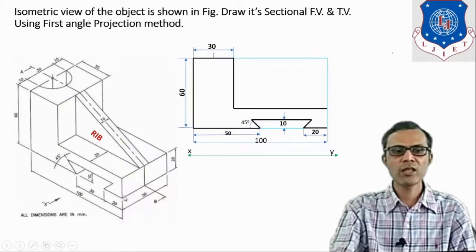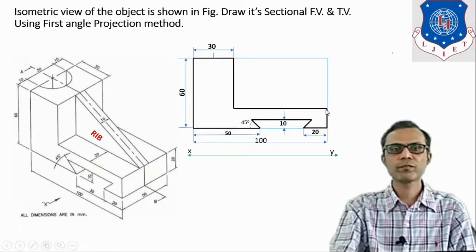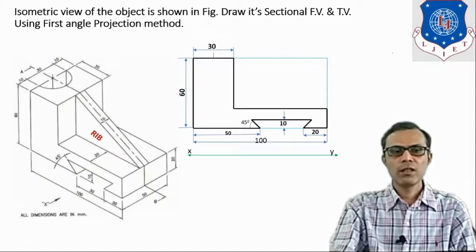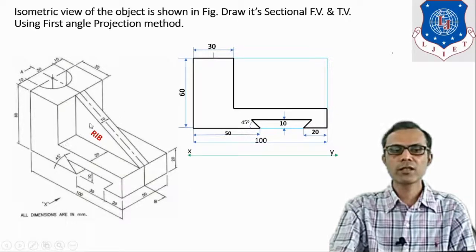Now from this point, draw this vertical edge. Now look at this object. It will look like a triangular shape. For this slant edge there are 2 points, first point and second point.